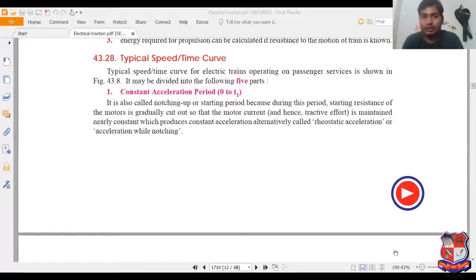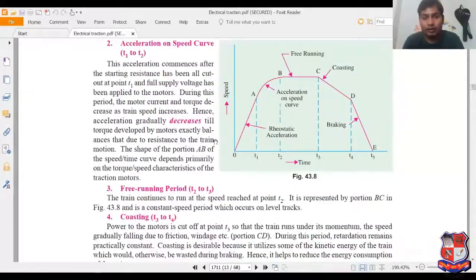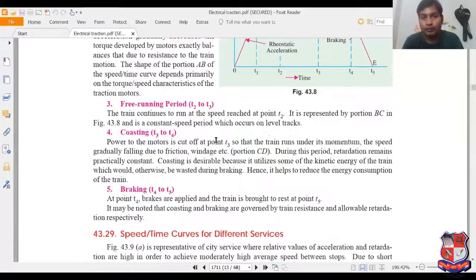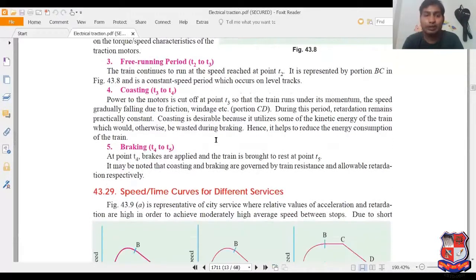Actually, we discussed a typical speed time curve, in which we discussed the constant acceleration period, then acceleration on the speed curve T1 to T2, then free running period T2 to T3, then coasting, then braking.